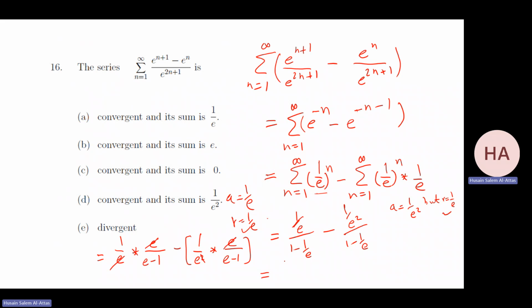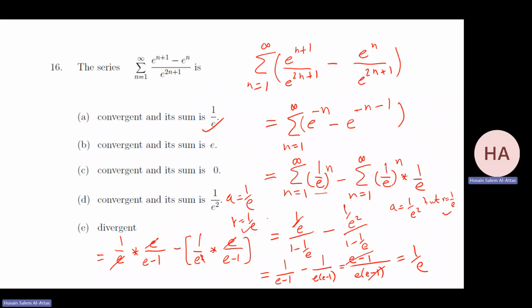So the result is 1 over e minus 1 minus 1 over e minus 1. So common factor, e minus 1, divide by this, I have e minus 1. So this is cancelled. So I'm getting 1 over e, which is this one.